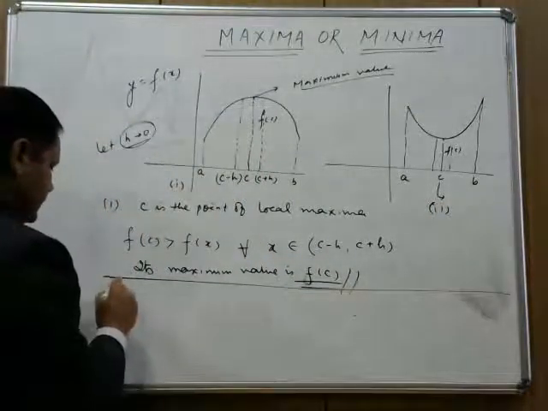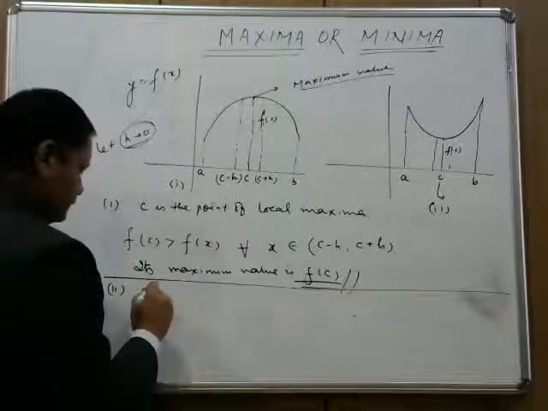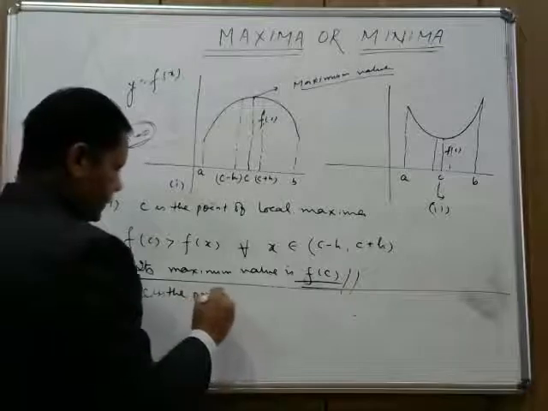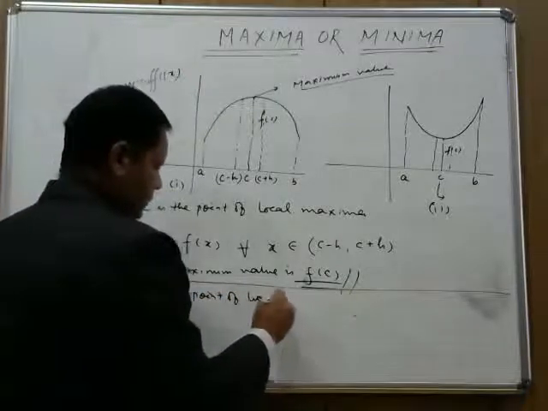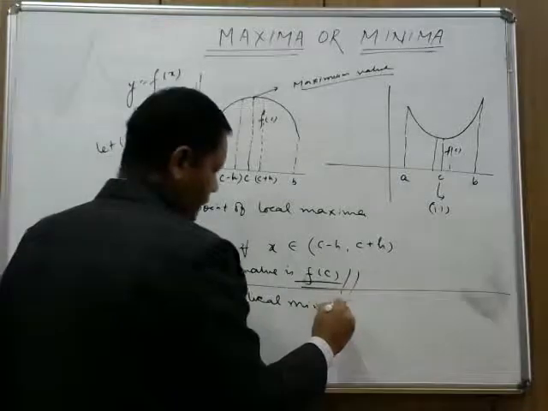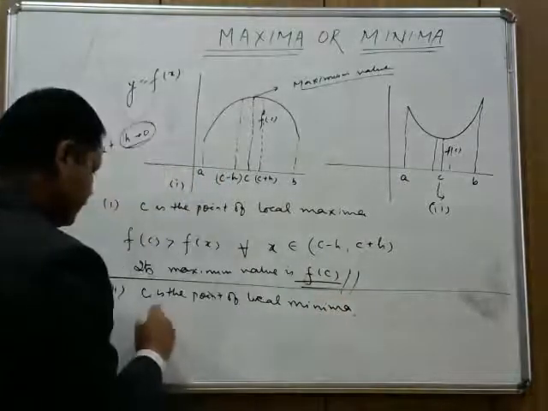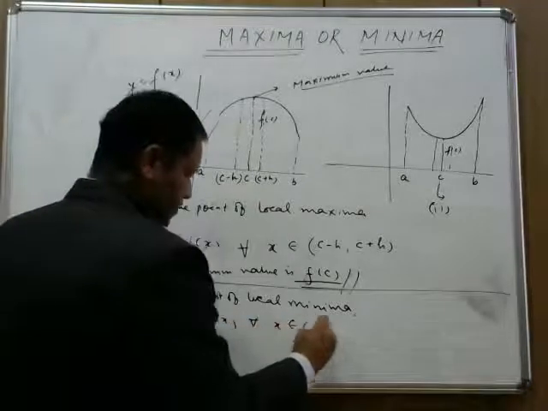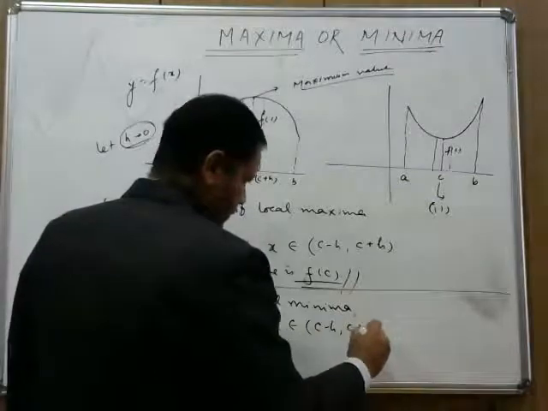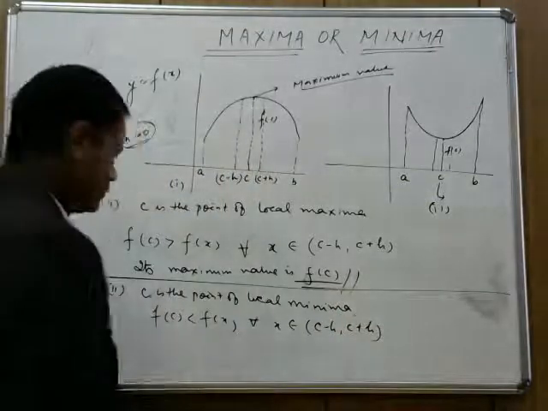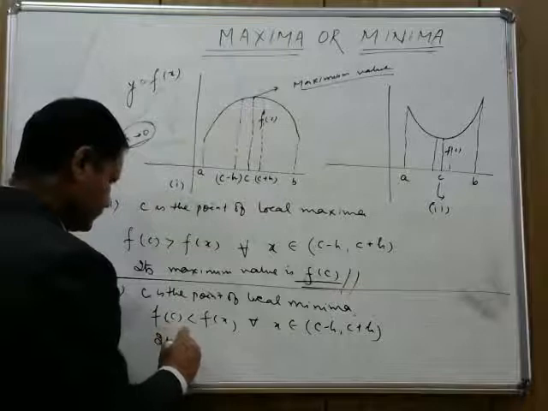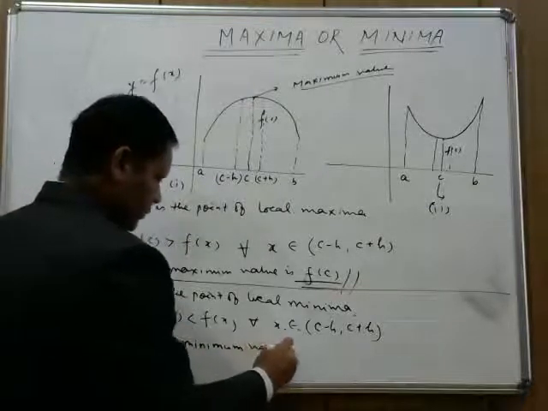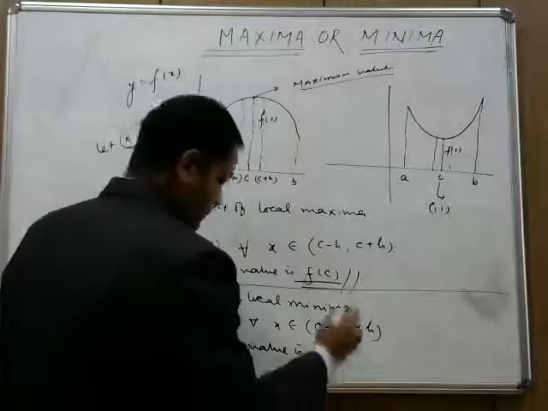For the second figure, c is the point of local minima if f of c is less than f of x for every x belonging to (c minus h, c plus h), locally I am talking about, and its minimum value is f of c.